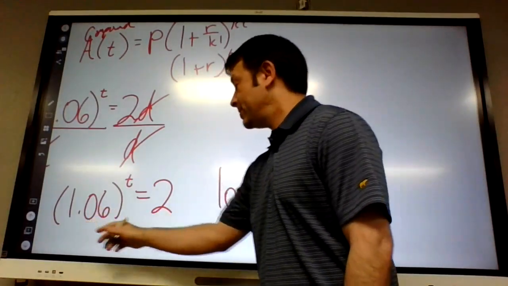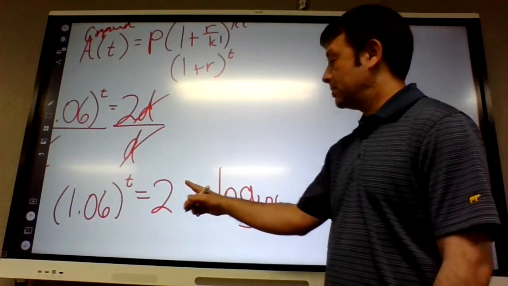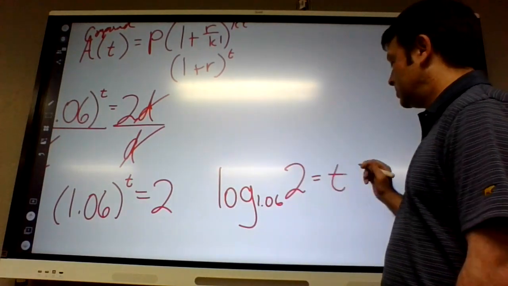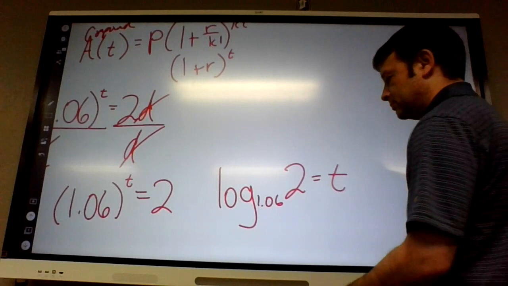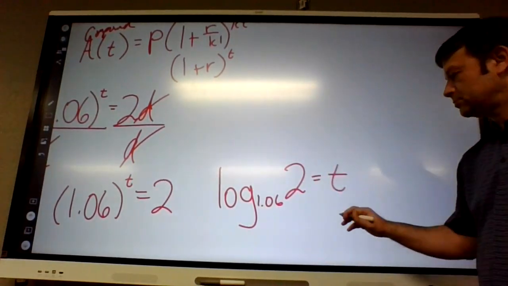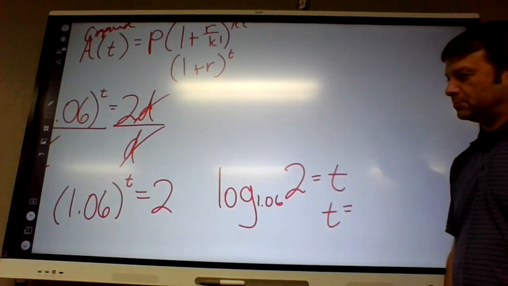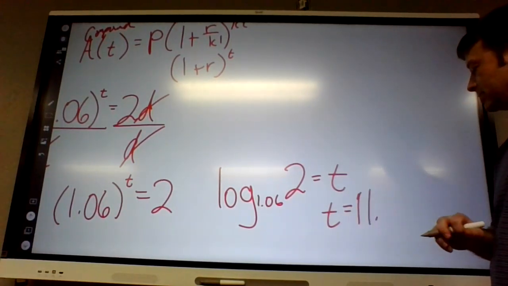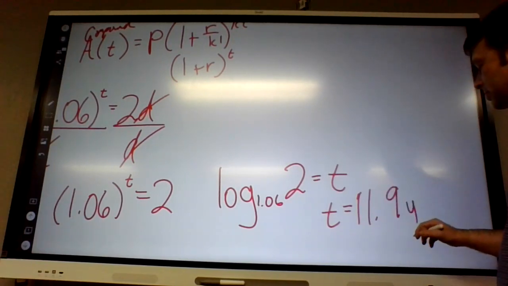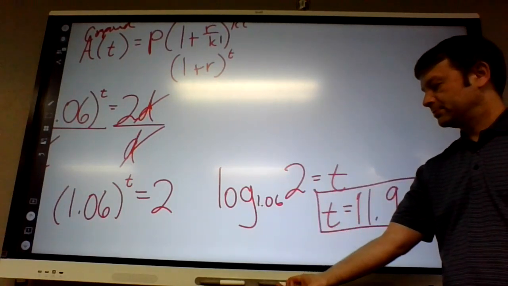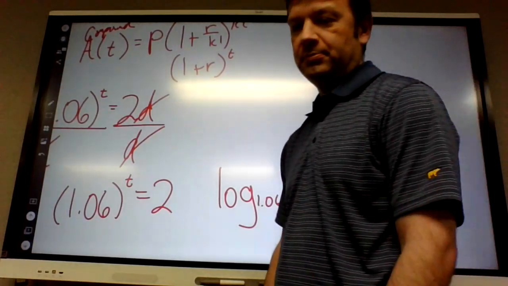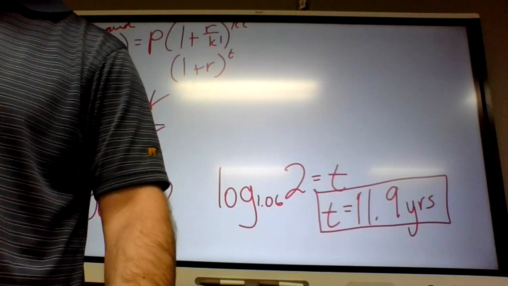All right, so log base 1.06 of 2 equals T. How long before the investment doubles with 6% interest? To the tenths, 11.9. Okie dokie.